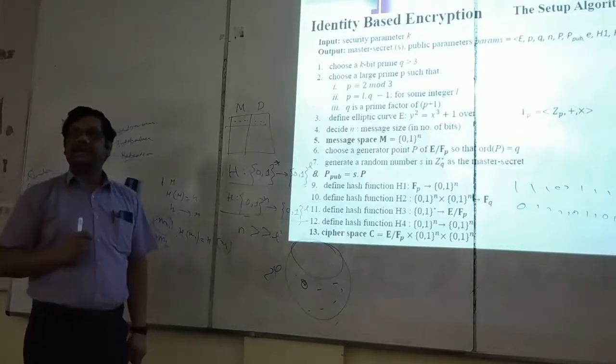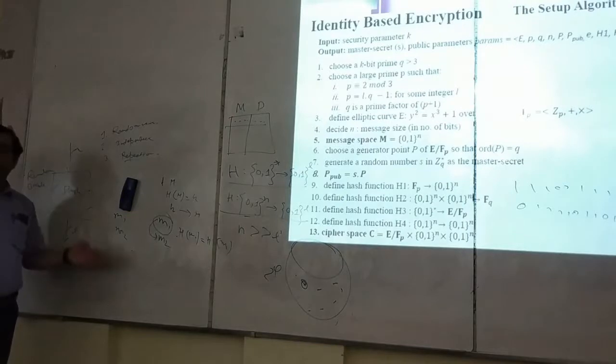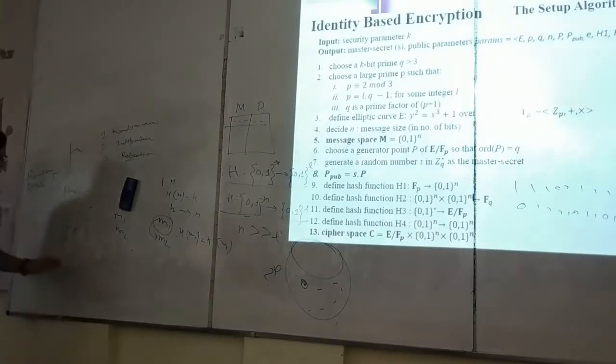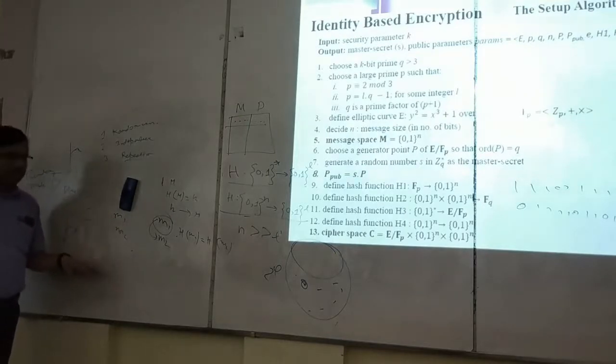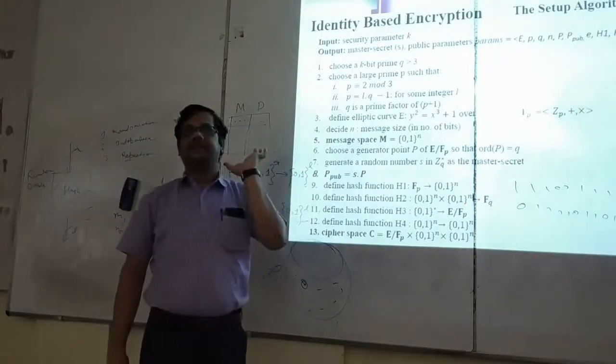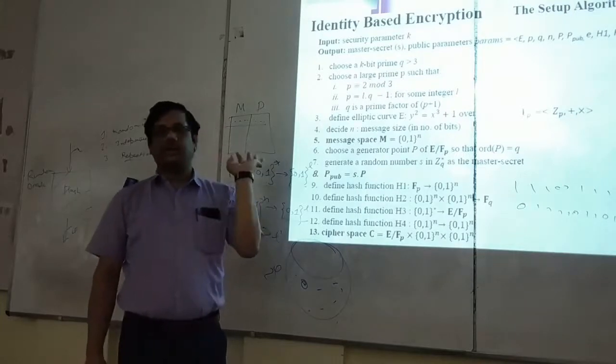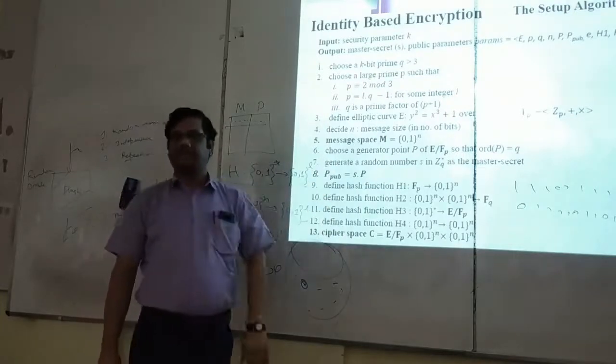Now, what is independence? Independence says that output of one should not depend on output of the other. That means if there are two messages, M1 and M2, the two messages are almost the same, except only the last bit is different. Suppose all the other bits are same.